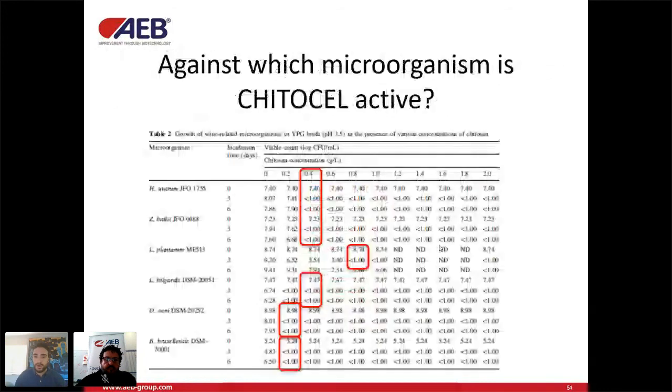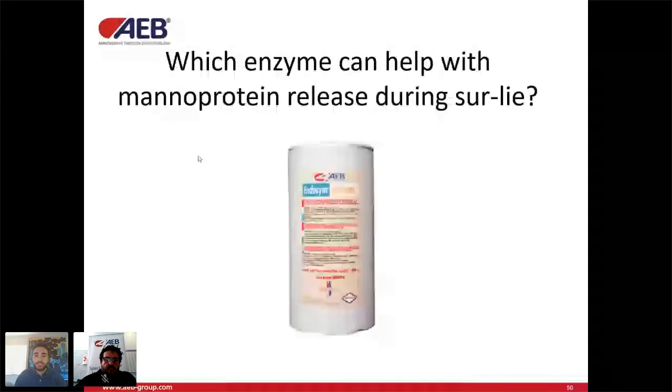Let's see, the other question is, against which microorganism is Chitocel active? The options were gram positive, gram negative, gram positive and gram negative, spoilage yeast, and all the above. And all the above is the right answer.